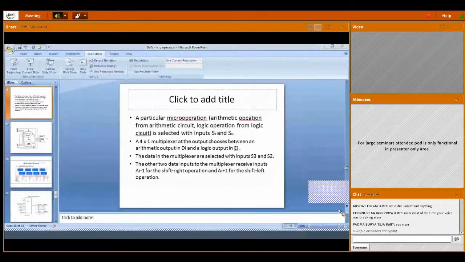Shall we start the quiz then? I'll send these slides to you. Once go through these slides. If you still did not understand, I'll try to repeat this in the next class.